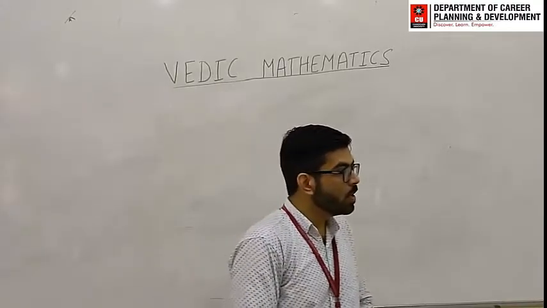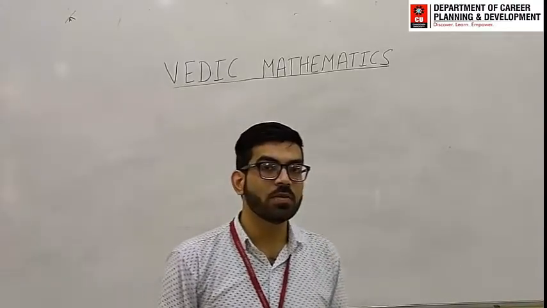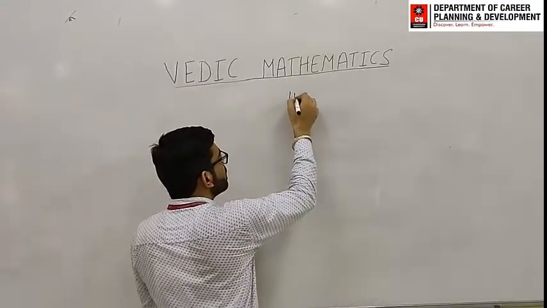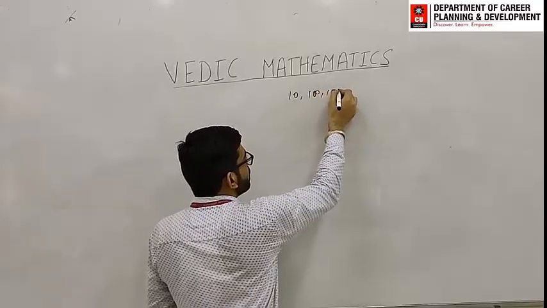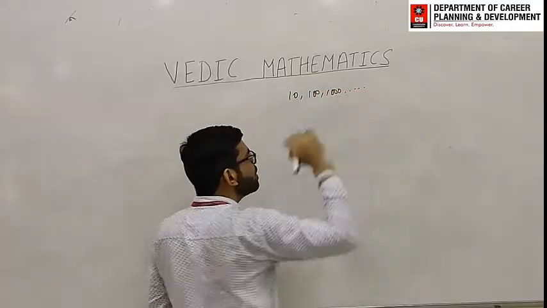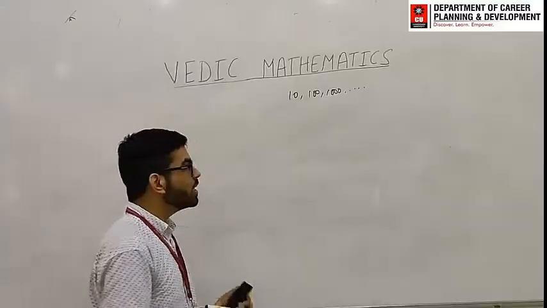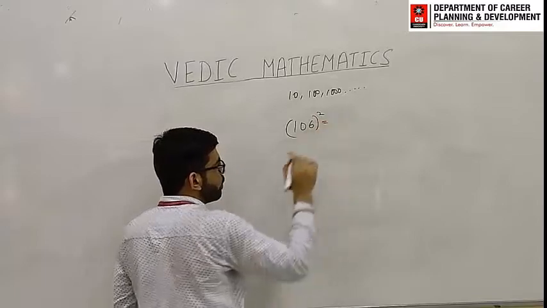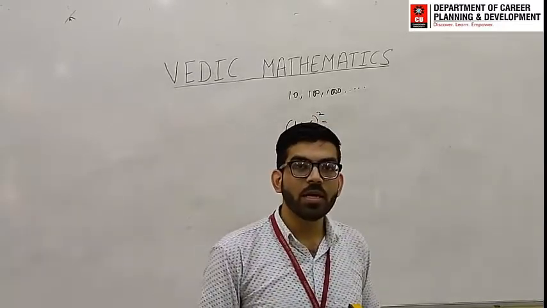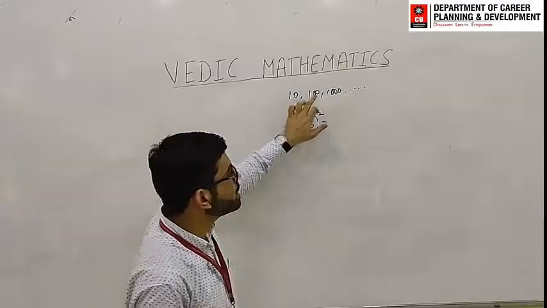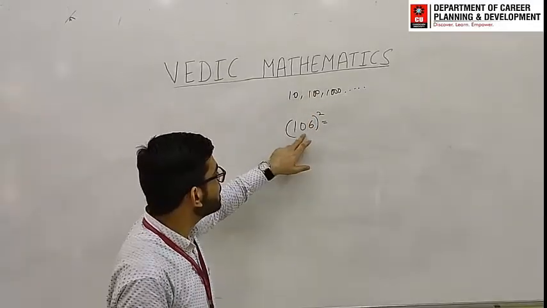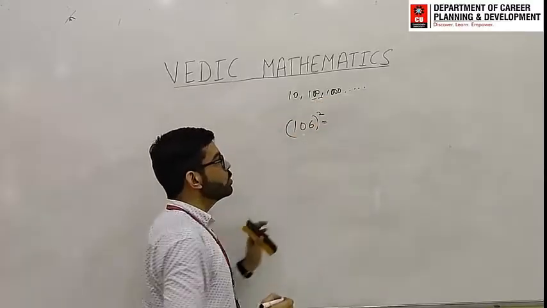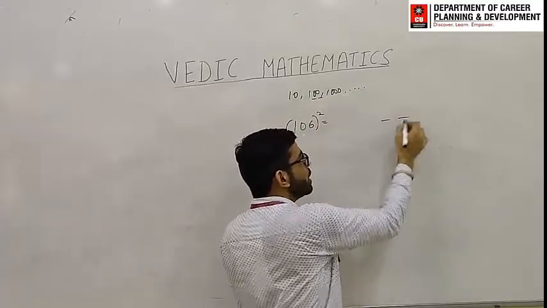Okay, now let's learn how we will find the squares of numbers which are near 100, near 1000 and near 10. That means numbers near 10, 100, 1000 and so on. Whenever such numbers are there, the trick is the same. Just suppose you have to find the square of 106. 106 is near to 100, and in 100 the number of zeros is 2, so the last part should be a 2 digit number.